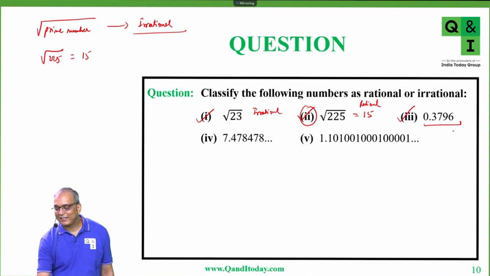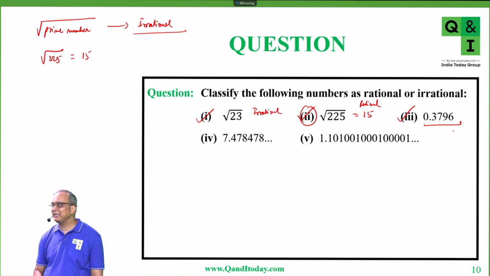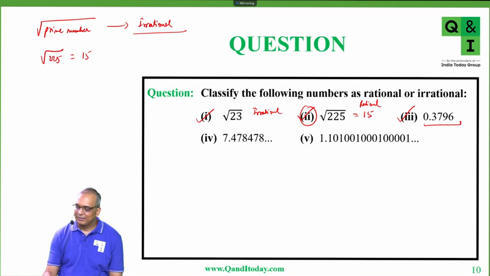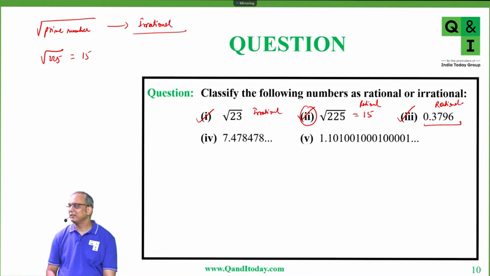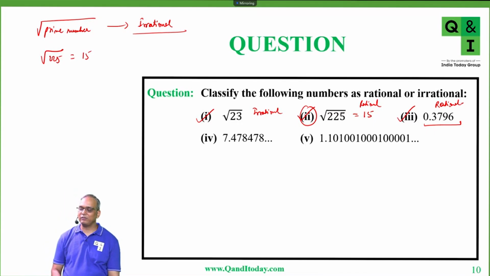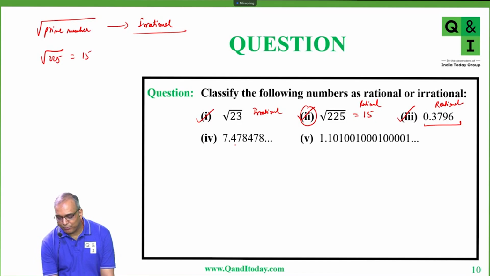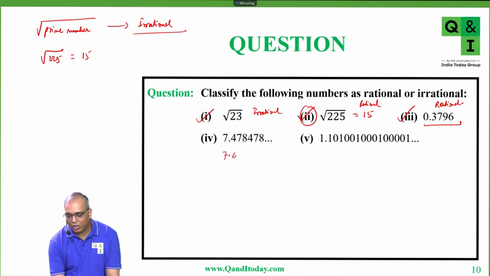It is a terminating decimal. It is rational. A terminating decimal is always rational. Now we have 7.478, 478 and so on. This is non-terminating and recurring decimal.